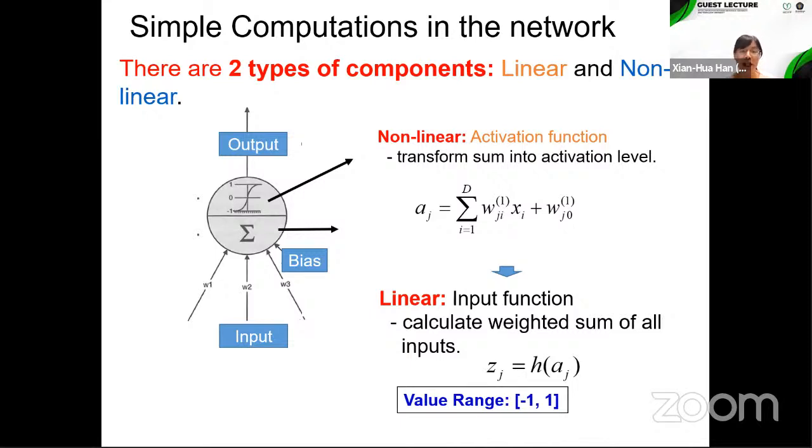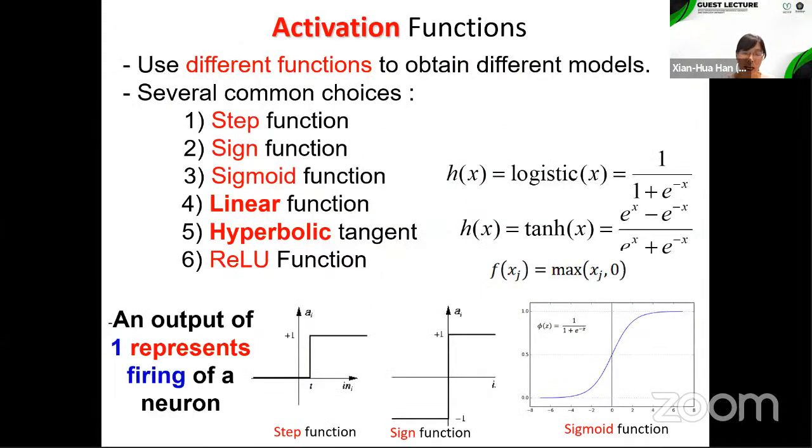We have the weighted summation, and we also have the activation function. We have a lot of activation functions such as the step function, sign function, sigmoid function, linear function, and ReLU function. I just give some examples here. You can observe and study this yourself.